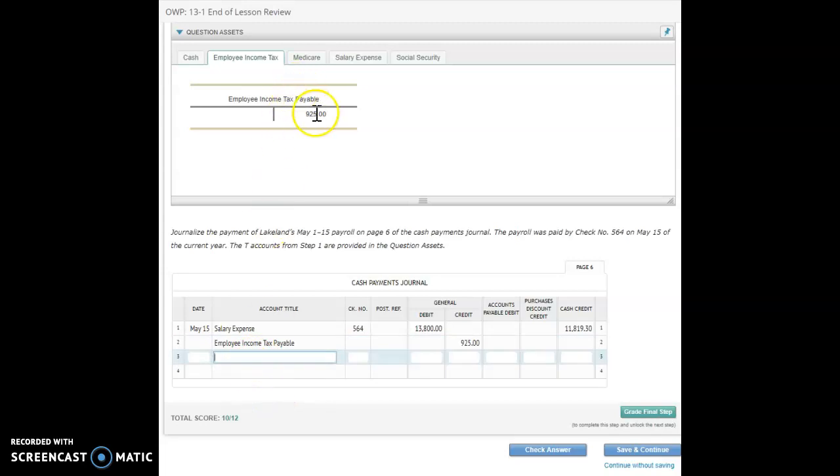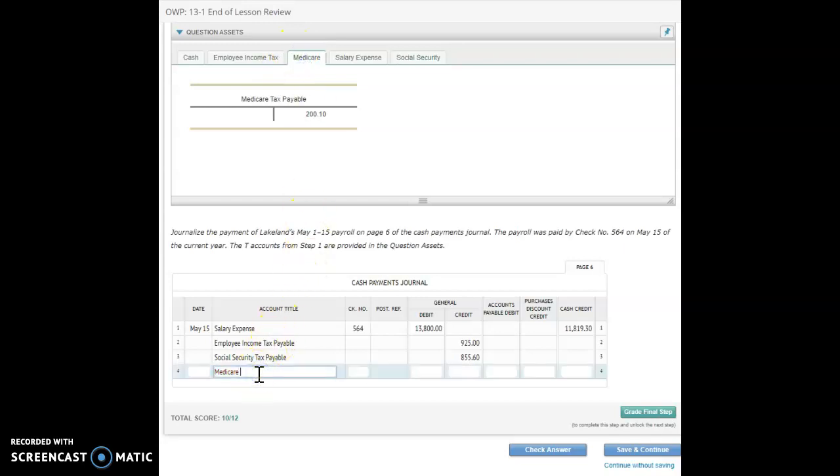Okay, and on the sheet, Social Security comes next. If you do accidentally put Medicare first, it doesn't count it wrong, but just to be safe, we're going to do Social Security. Social Security tax payable, a credit of 855.60. And then I'm going to go into my Medicare.